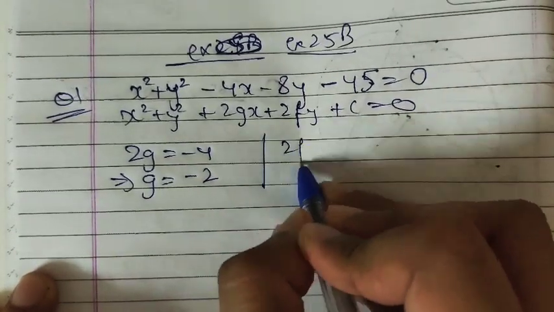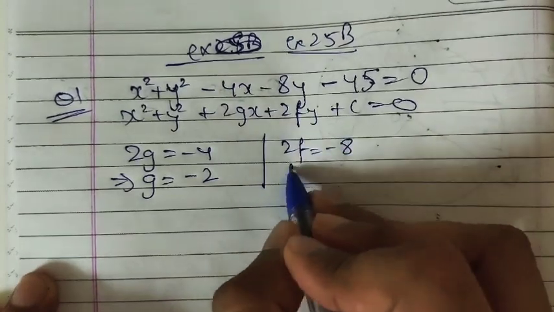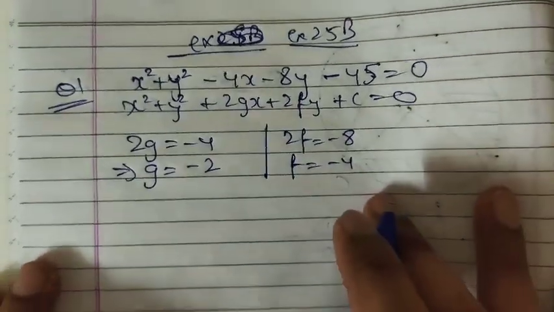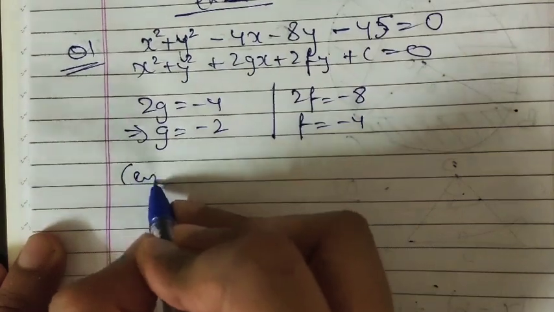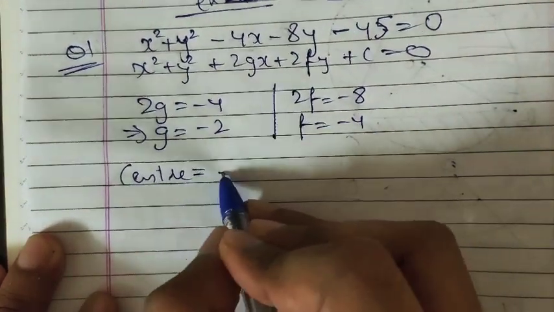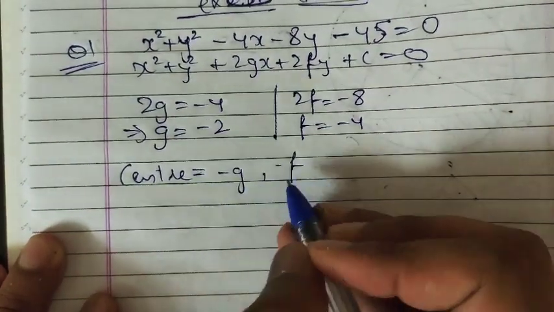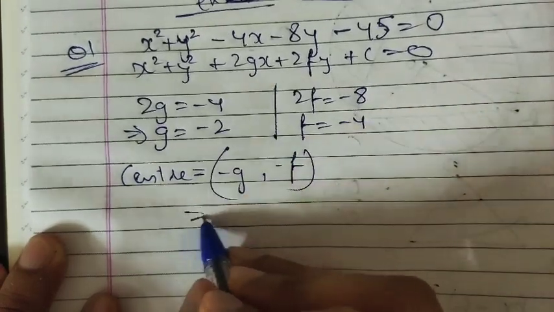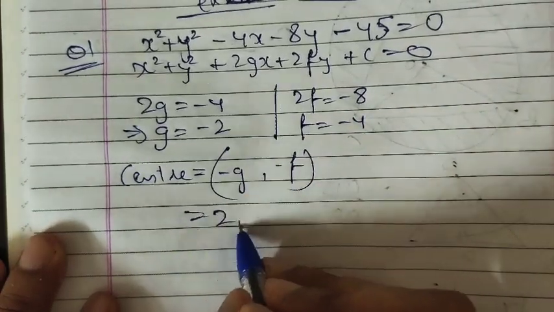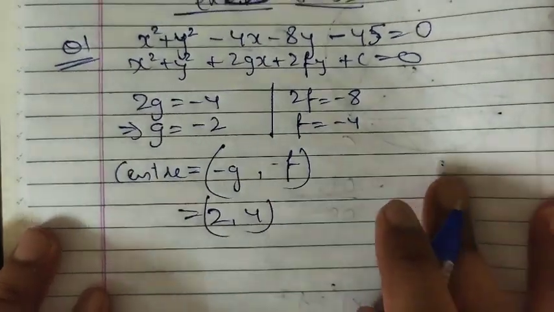Similarly, 2f is equal to minus 8, so f is equal to minus 4. Now we know the center of the circle is (minus g, minus f), so this is equal to (2, 4). So the center is (2, 4).